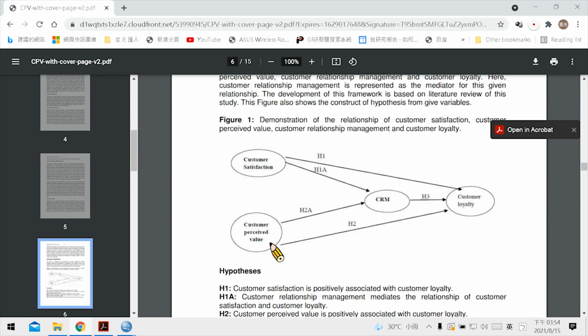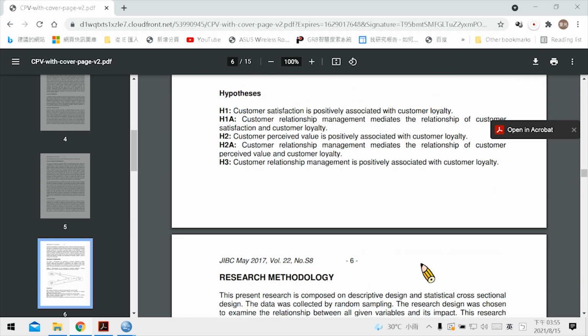So we can see this one. This is the dependent variable, customer loyalty, and the customer certification and customer perceived value will influence it. So these two are the independent variables.